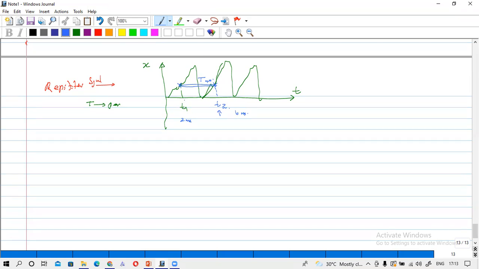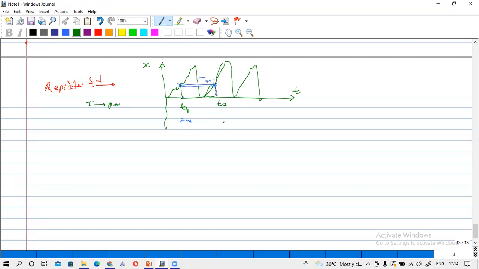Here it is 2 millisecond, and from here to here it is 4 millisecond. So 2 millisecond plus 4 millisecond means here we have 6 milliseconds. So we can use these T1, T2 terms in the same manner. This is T1, and this is T2.